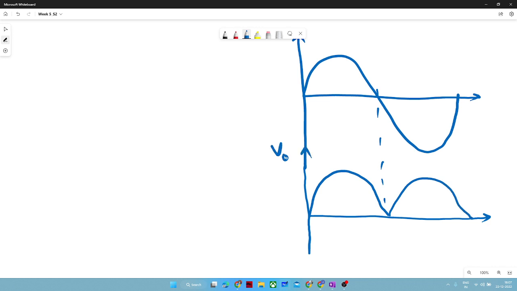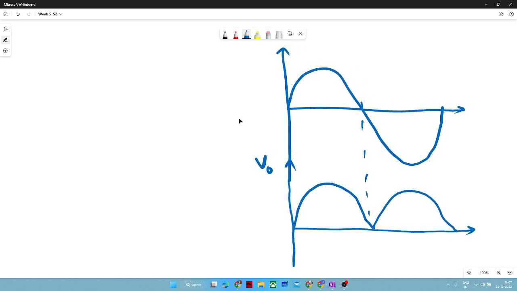Okay, so just tell me, is it desirable to achieve this kind of output voltage waveform, or is there any flaw with this kind of waveform?